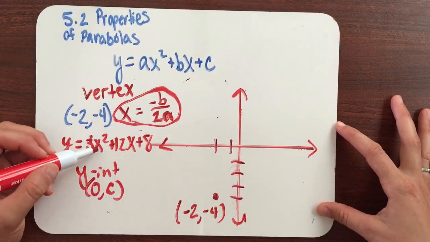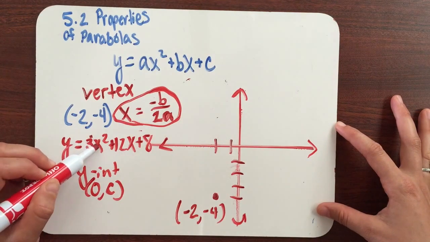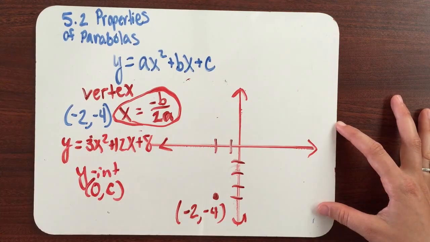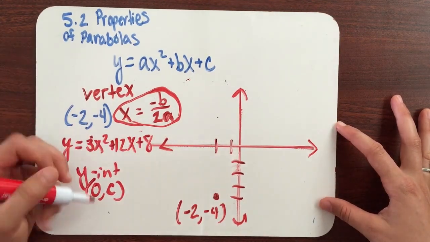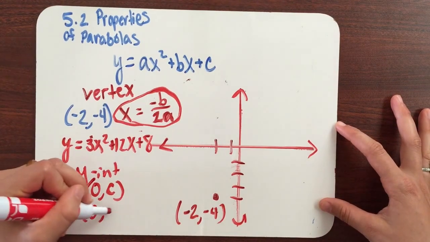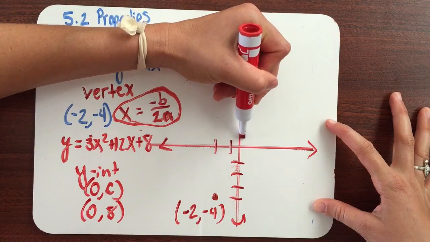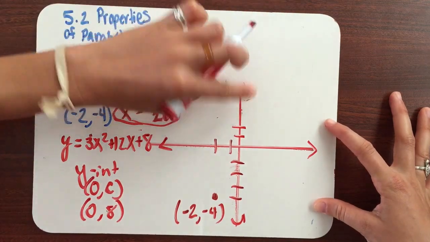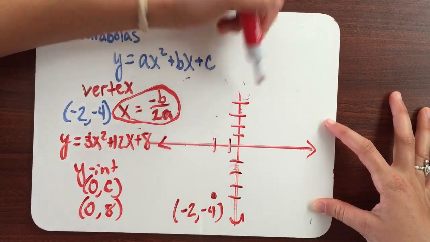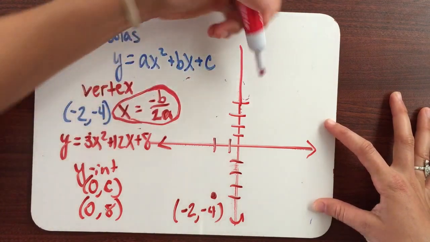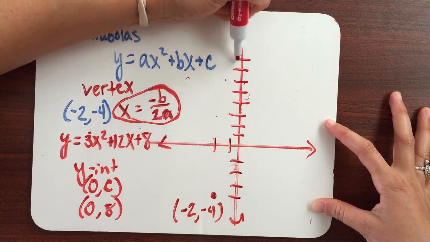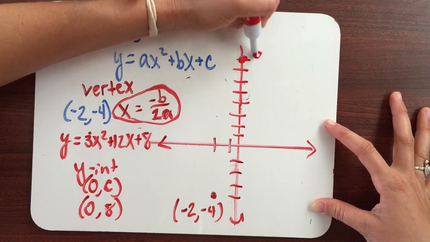So if we plug in x equals 0 here, that will cancel these terms, and then we'll have 0, 8. So we'll plot that. Zero, 8.